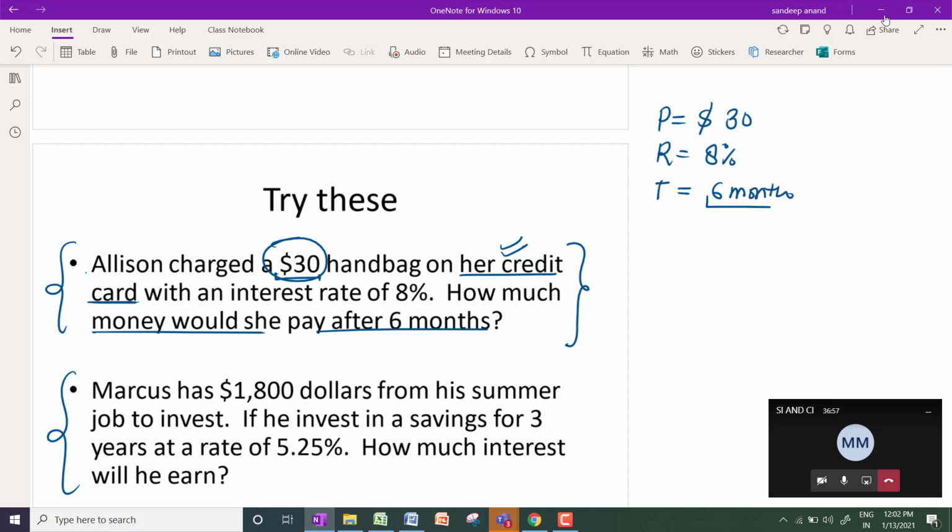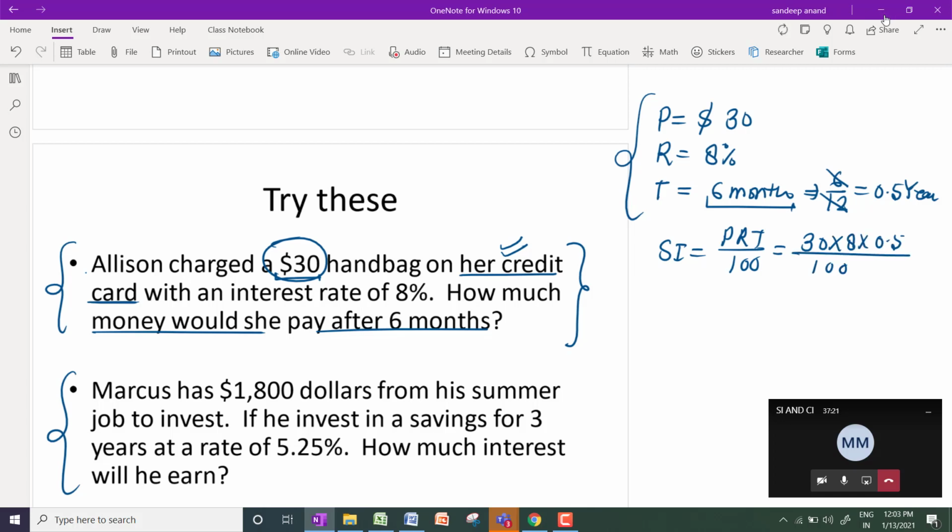Be alert. The time is in months, so convert it into years first. 6 divided by 12 gives 0.5 year. Now you have P, R, T in standard form. Now what is SI? Simple interest is PRT by 100. P is $30, R is 8, T is 0.5.